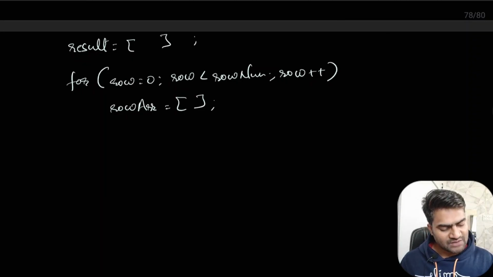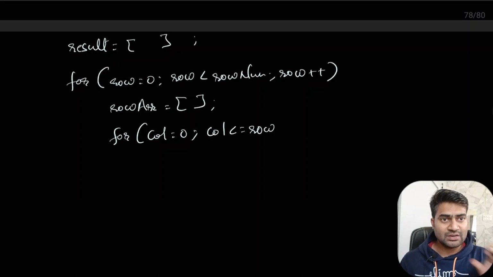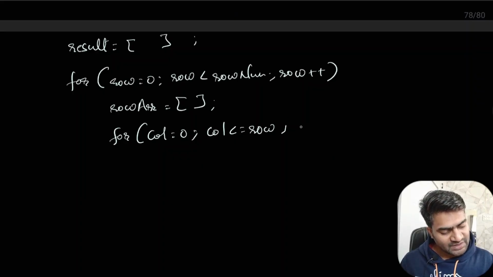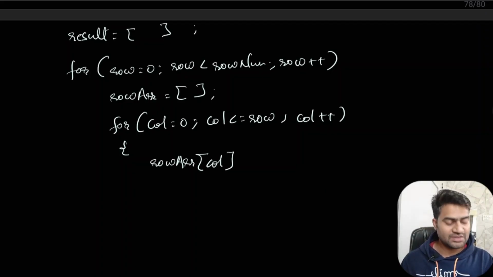Now I will iterate over each column value. So for column equal to 0, column less than or equal to our row, because the number of columns is equivalent to the row number, column plus plus. Now our row array of column, we need to fill each column, right?